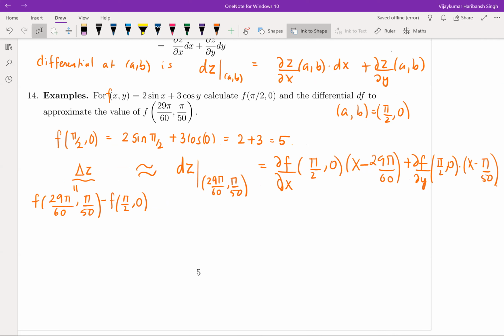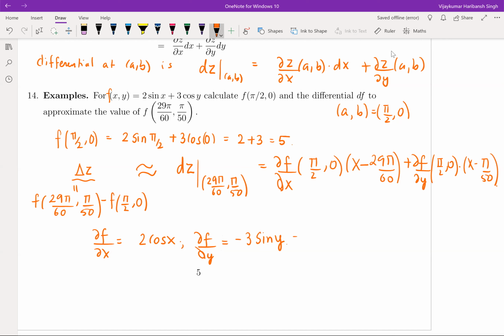Let's compute this first. Taking the derivative with respect to x, you get 2 cos x, and the derivative with respect to y is minus 3 sine y.